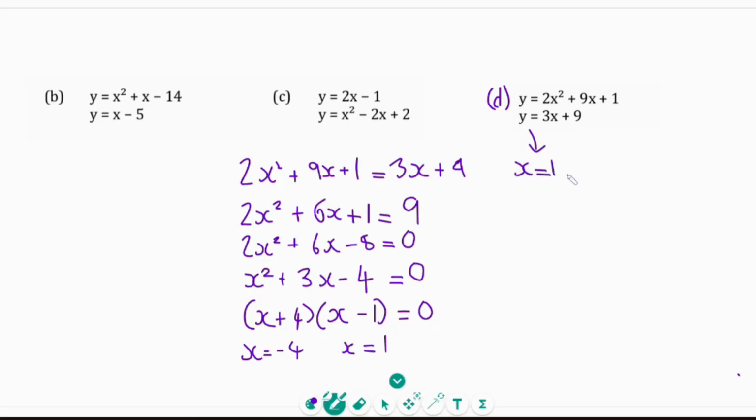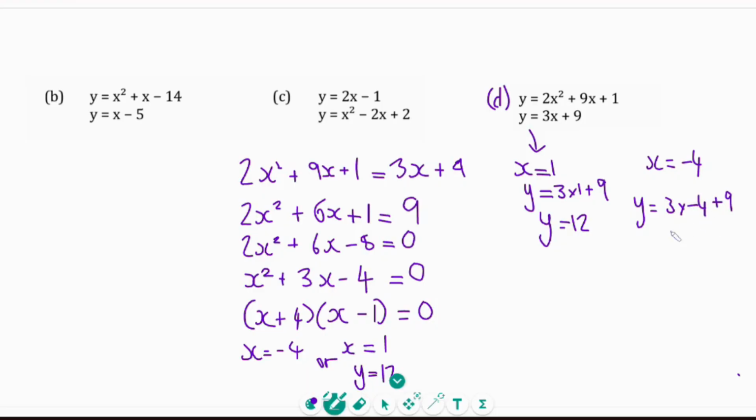When x is 1, y is 12. When x is minus 4, y is negative 3.